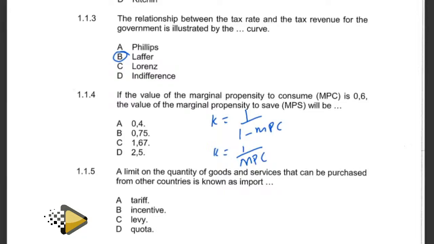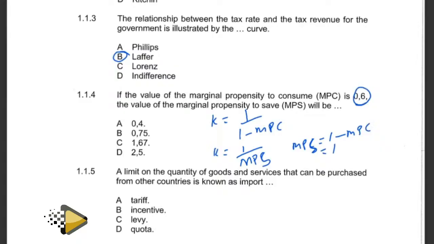If you check these two formulas, grade 12s, you can see that in our denominator we have MPS, which is equivalent to 1 minus MPC. So if you check in this regard, the MPC that we have is 0.6.